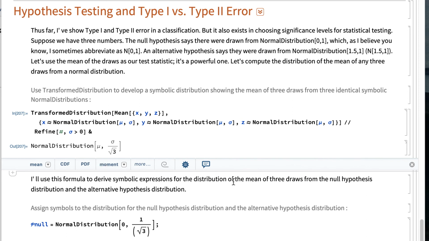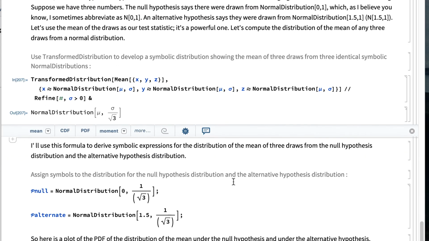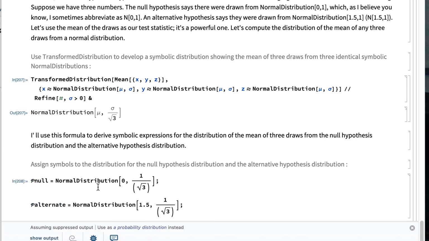Okay? So now that I know that, I can figure out the distribution of the mean if I'm drawing from N(0,1): it's a normal distribution with mean 0 and standard deviation 1 over the square root of 3. And if I'm drawing from N(1.5,1), it's a normal distribution with mean 1.5 and standard deviation 1 divided by the square root of 3.